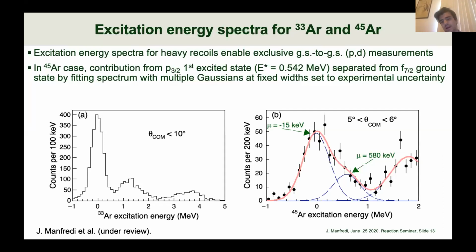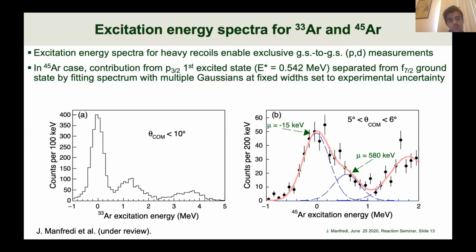And so we can fit the spectrum that we get with multiple Gaussians, setting the widths to experimental uncertainty that we determined from our data and from simulations. And you can see here that the means that we get for these individual Gaussians are about where we would expect them to be for the ground state and the first excited state. So now this gives us constant confidence that we're properly isolating and studying the first excited state when we make our angular distribution.